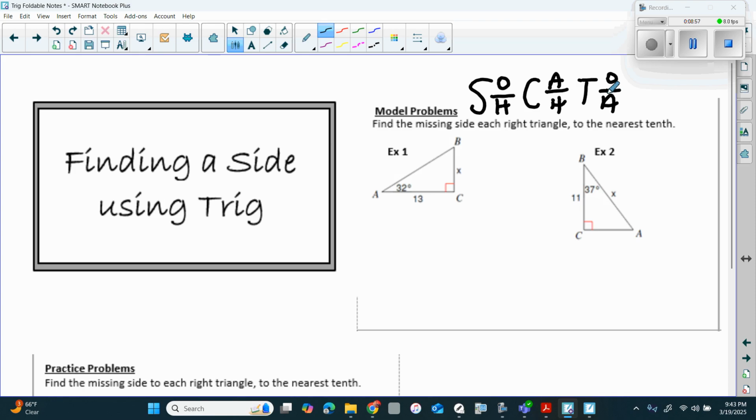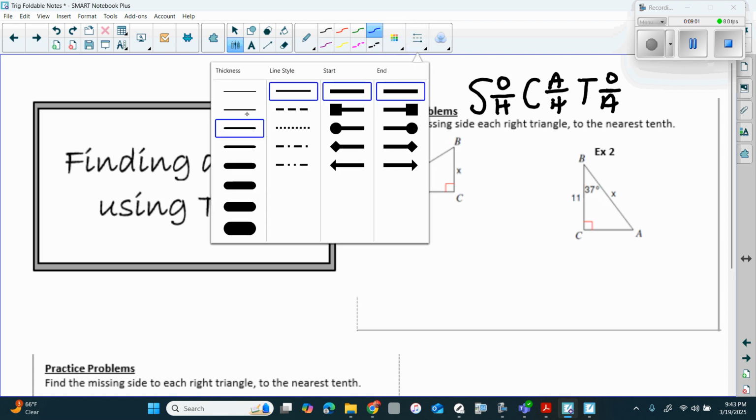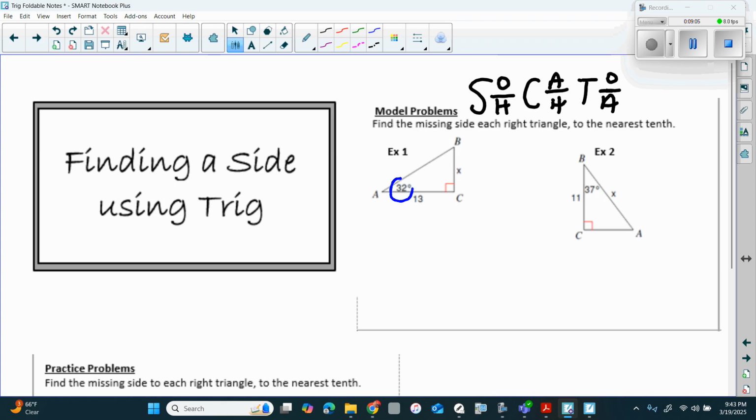The way you do this, you always have to have a reference angle, a given angle. If you look here, our reference angle is the 32. I circle that angle and then I label the given sides. From this 32, this x is my opposite, so that's an O. And this 13 is the adjacent side, so that's an A. Because I have an O and A, this matches tangent.